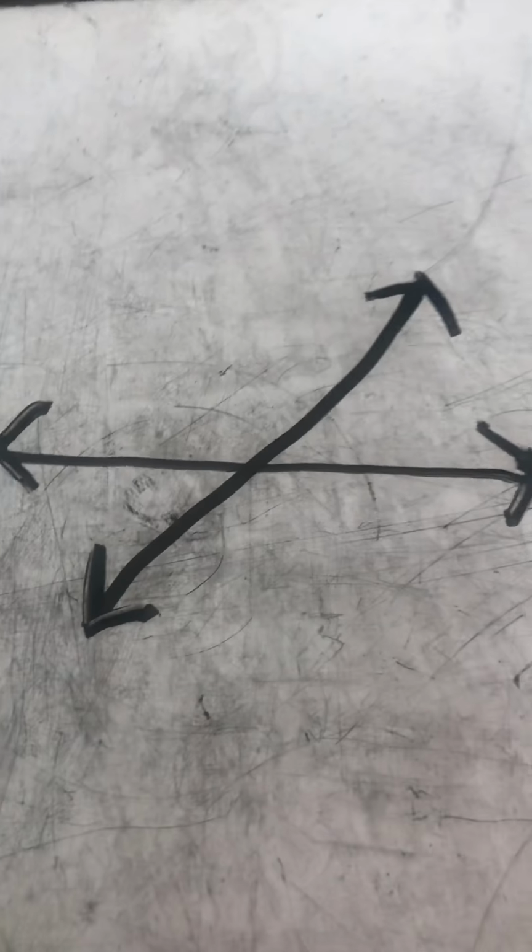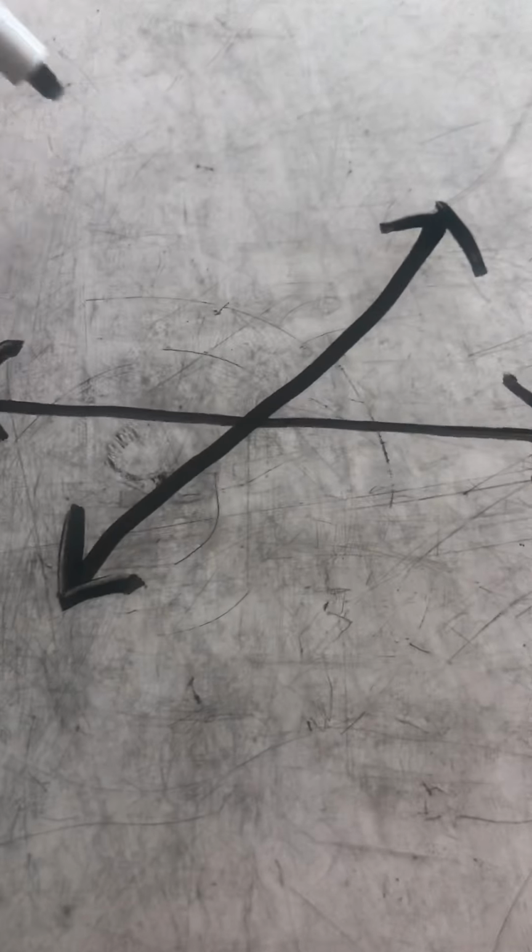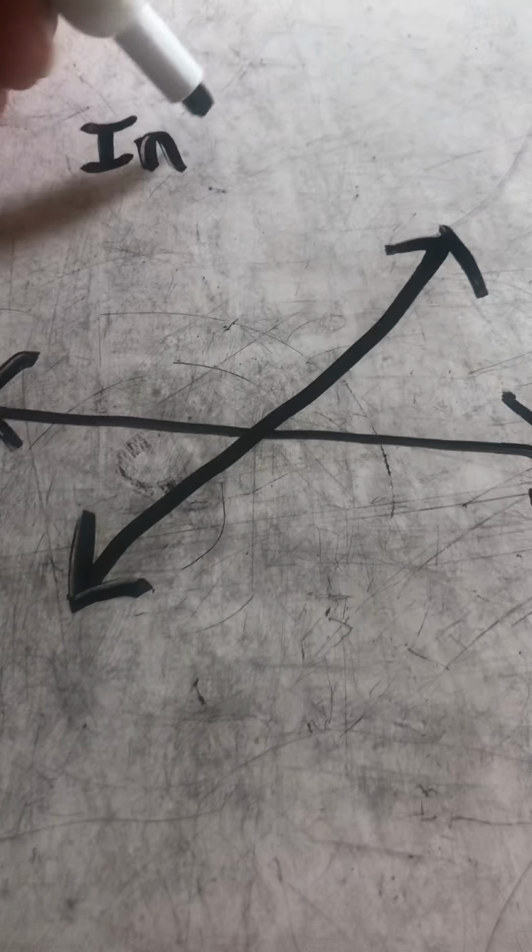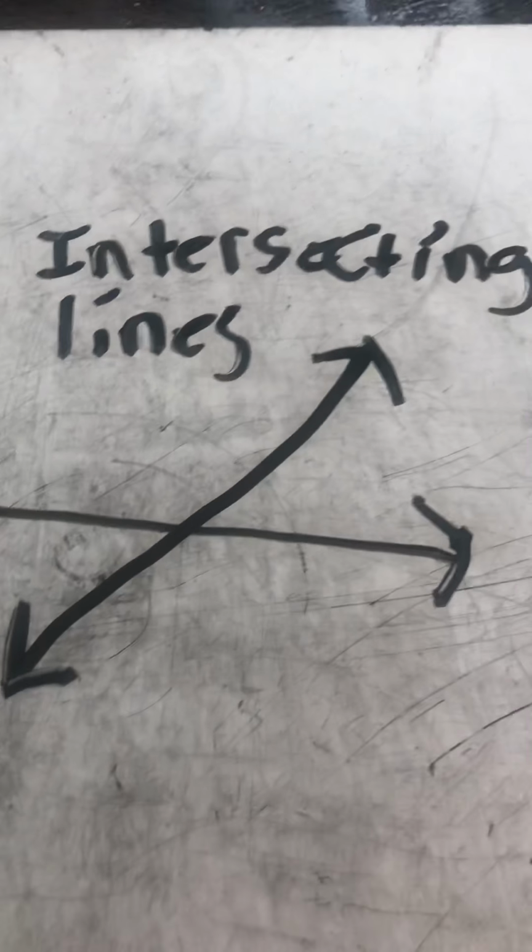Then another line that comes across just like this. When two lines cross, we call these intersecting lines. Those are intersecting lines. They're just lines that cross and touch each other.